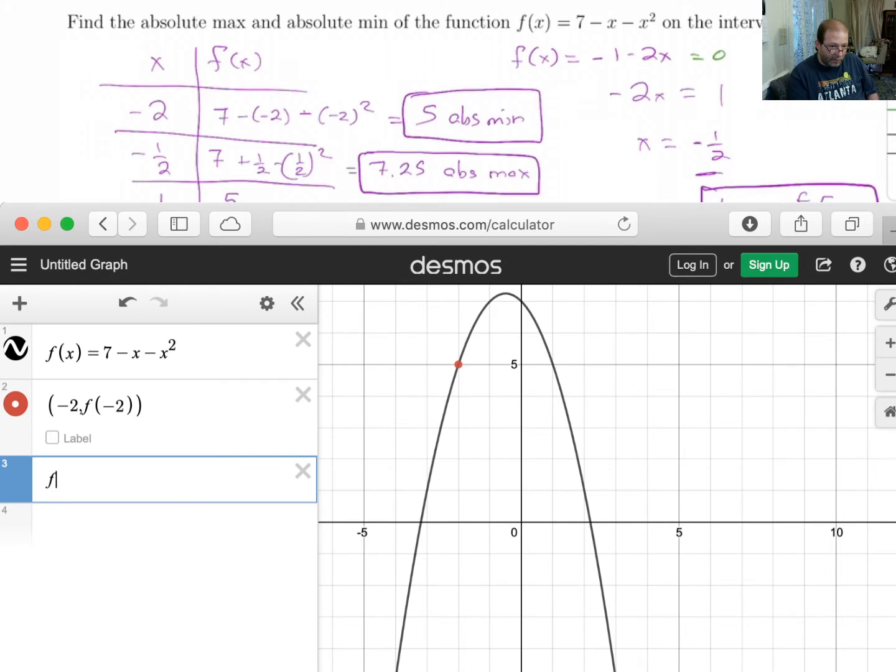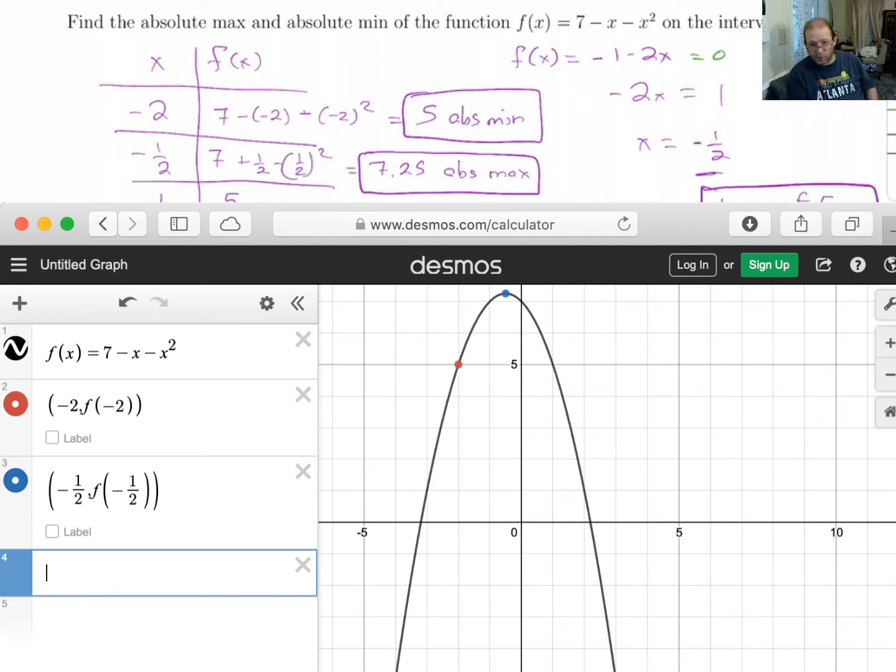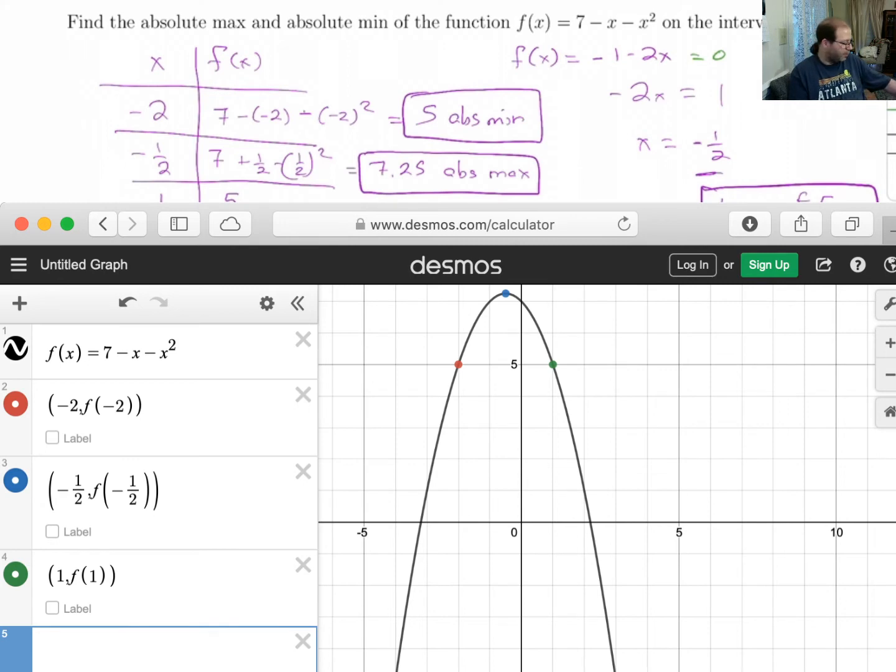Then the next number was -1/2, comma f of -1/2. Notice that one came from the critical point, so it's on the top. And then 1 comma f of 1. Those are our three points right there.